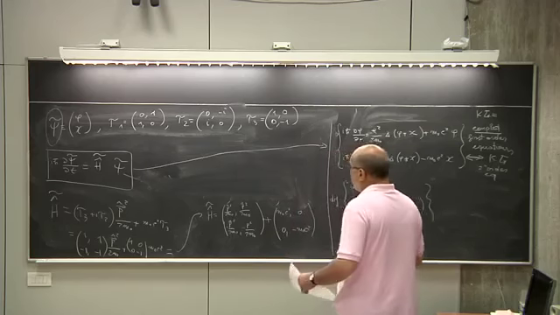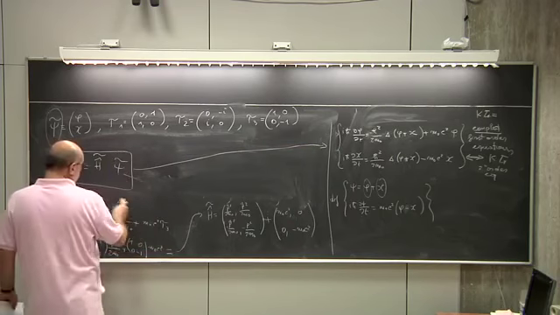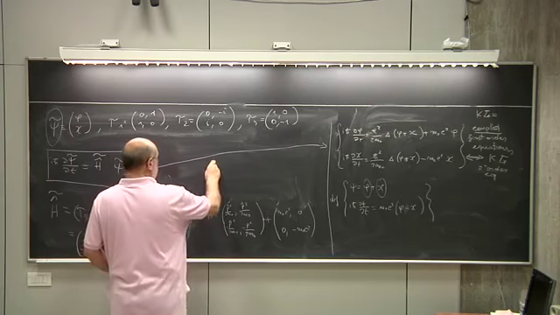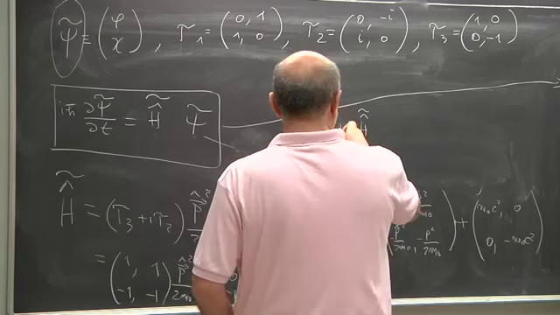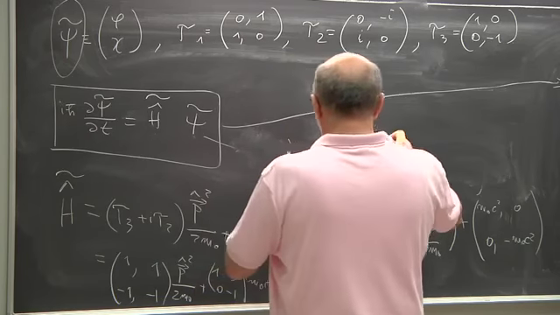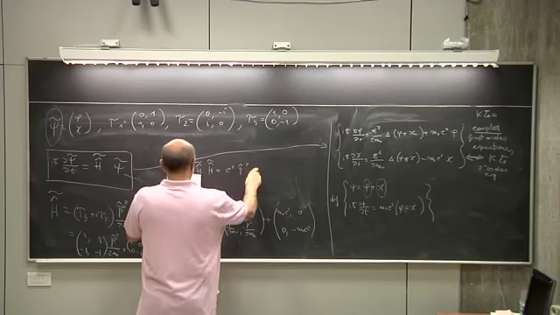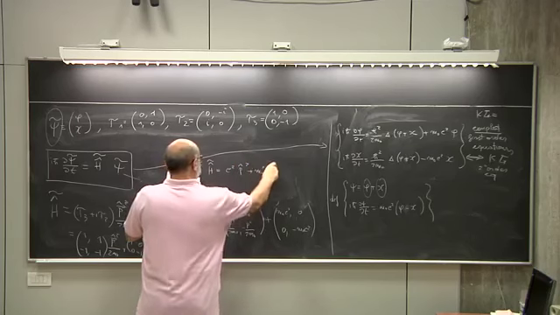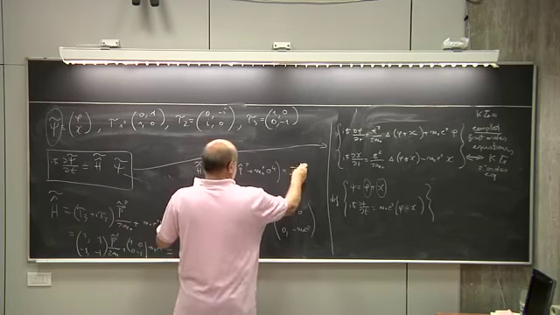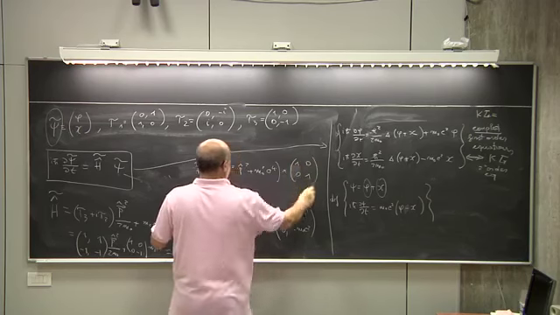Now there are nice things about this Hamiltonian. This Hamiltonian has this awful form. It's easy to see that it satisfies the following. If you multiply this Hamiltonian twice, you get c squared p squared plus m squared c to the fourth, multiplied by the identity operator in 2 by 2, that means 1, 0, 0, 1.